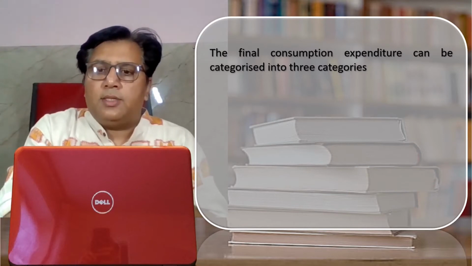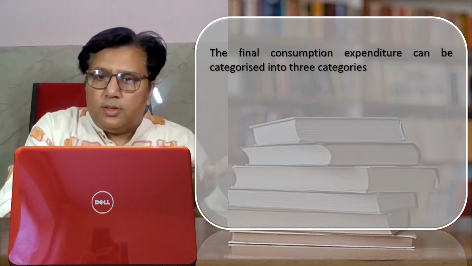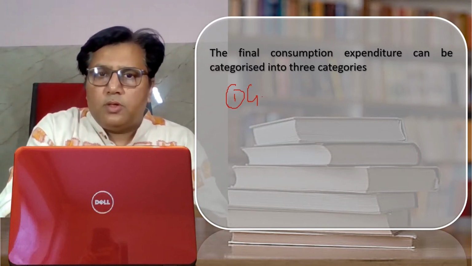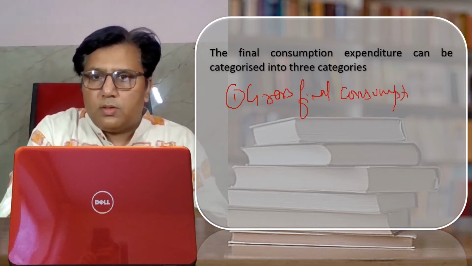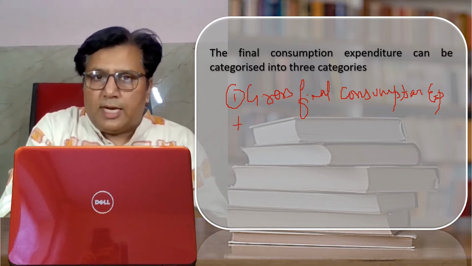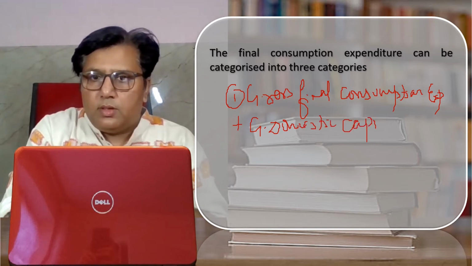According to the expenditure method, income can be calculated by the summation of three types of expenditures. The first one is gross final consumption expenditure. The second one is gross domestic capital formation.